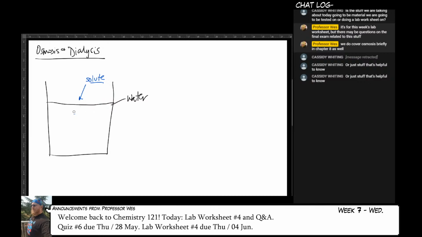It will become less concentrated, but it will then fill the entire container. So it'll be really dark when you first put it in, but then it will gradually spread out and become less dark because now it occupies the entire space.